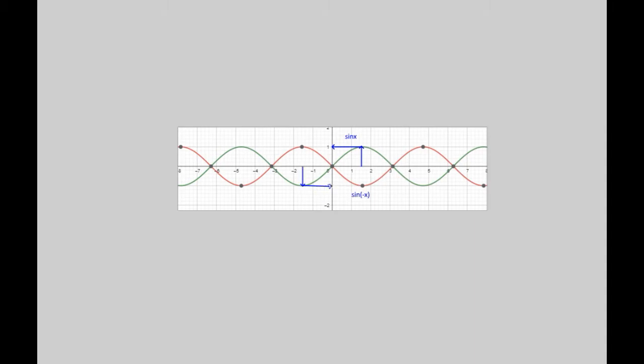So instead of giving us plus 1 for sine x, sine minus x, for the same 90 degrees, 90 will convert into minus 90, which will give us an output value of minus 1, and hence, therefore, in the graph of sine minus x, the output value for 90 is minus 1, because it is as if it is reading minus 90, which is minus 1.